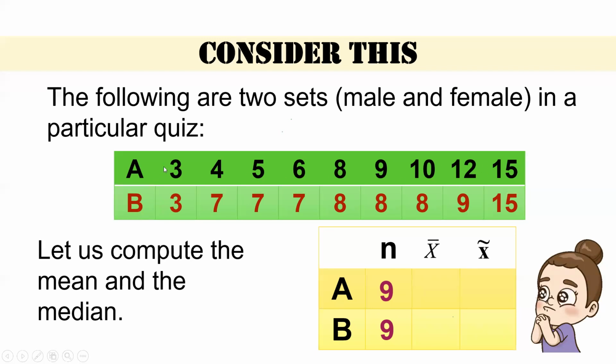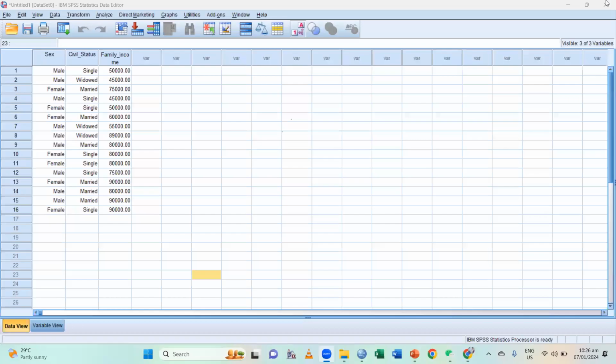If your surname is from L until Z, find the mean and median of B or that of females. Okay. I'll give you a few moments, please.